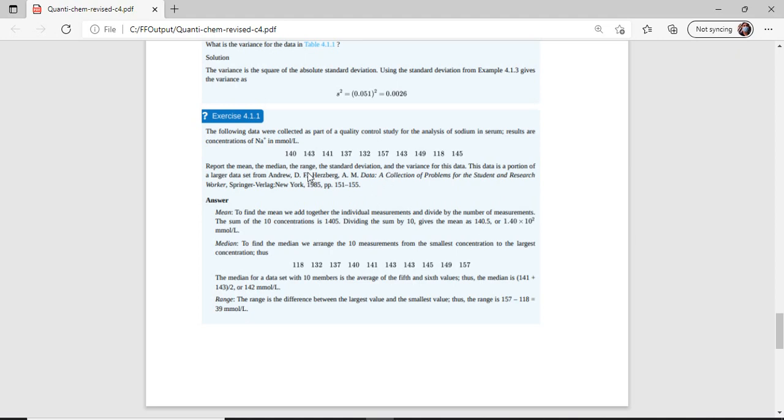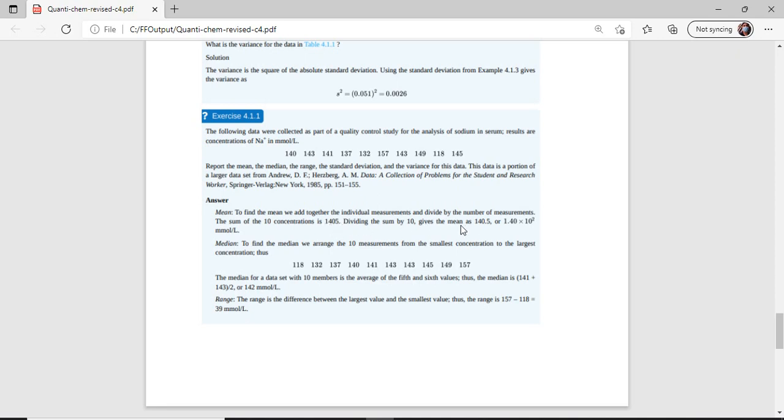So, 140 plus 143 plus 141 plus 138, 137, 132, 157, 143 plus 149 plus 118 and 145. Then you divide the total by 10.